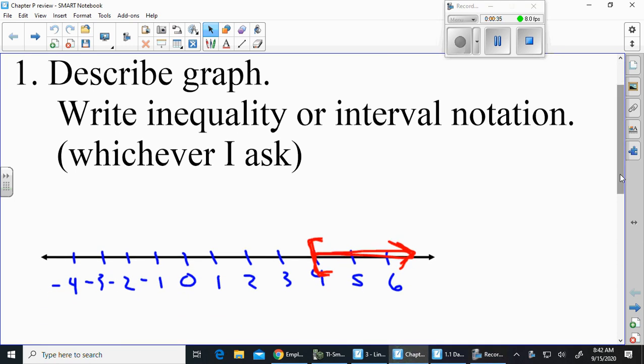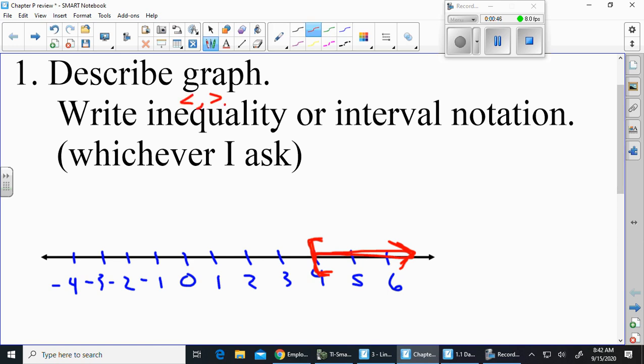So one of the first things we did was interval notation and relate it to an inequality. Inequality, remember, uses less than, greater than, less than or equal, greater than or equal. Interval notation uses parentheses and brackets, so you have to remember which is which.